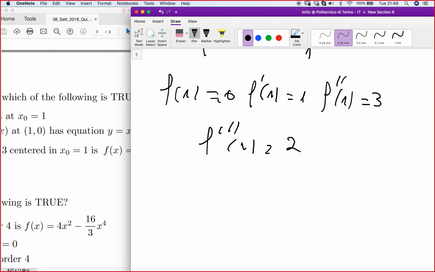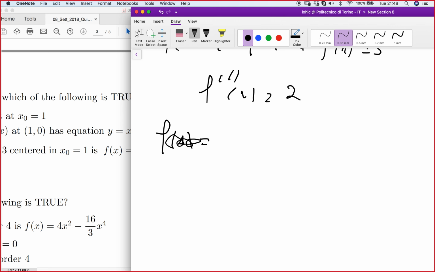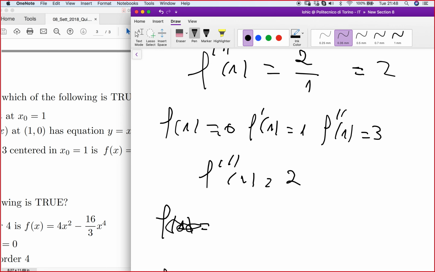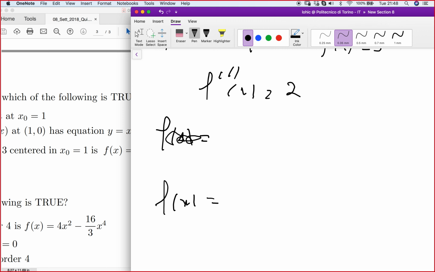So if you write the Taylor expansion, f of x is equal to, we will first write f of 1, which is 0, right?